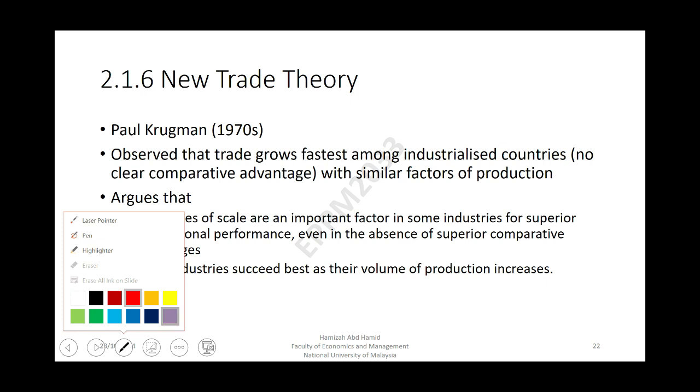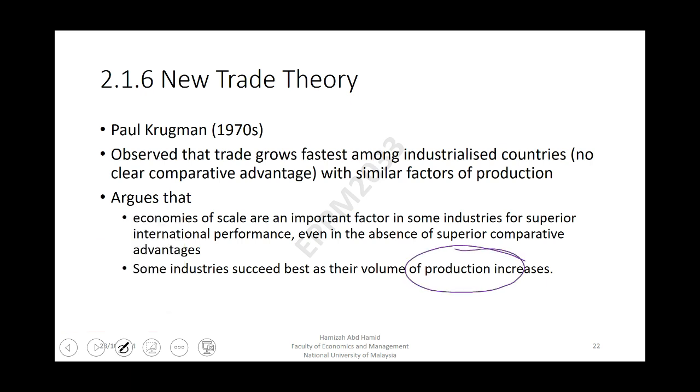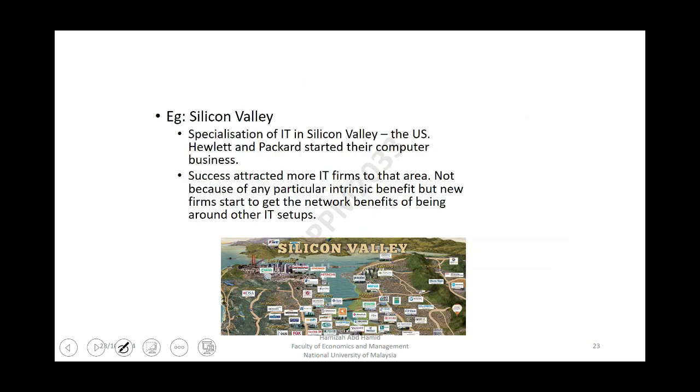What's interesting about this theory is that it comes from economics. So they talk about production, productivity, efficiency. So this is a standard for high performing countries or high performing geographical areas. One of the best examples for this is Silicon Valley.